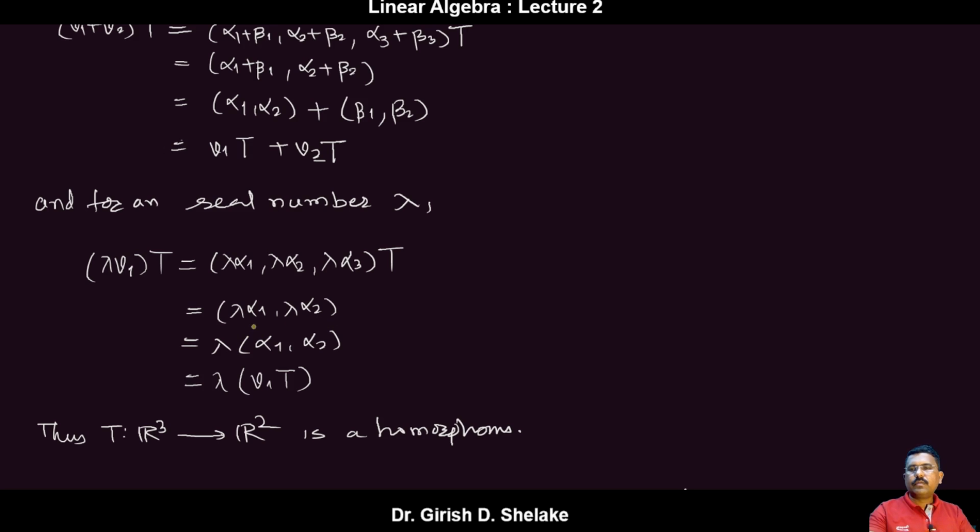Again, by definition of scalar multiplication in R2, we write it as lambda times the vector (alpha 1, alpha 2). Again, we replace this by the definition of t, it is lambda times v1 operated by t. So we say that t from R3 to R2 is a homomorphism.